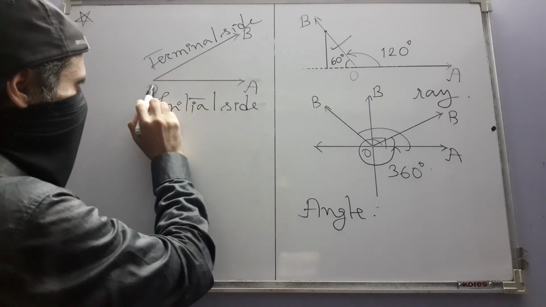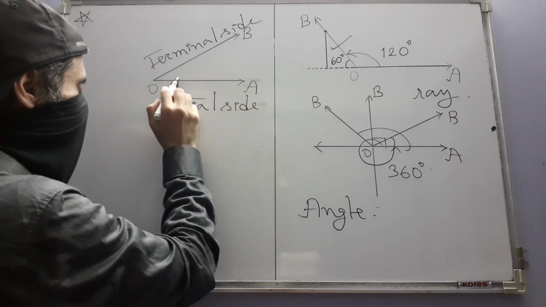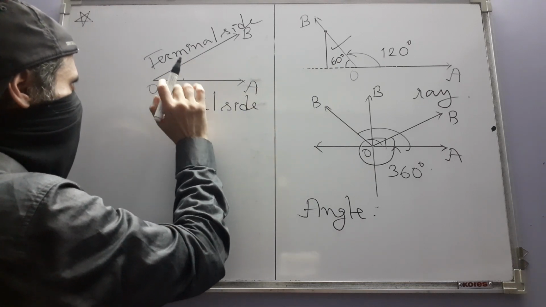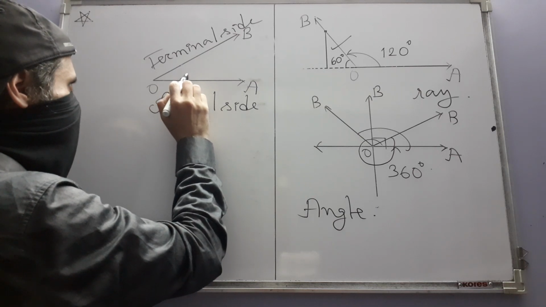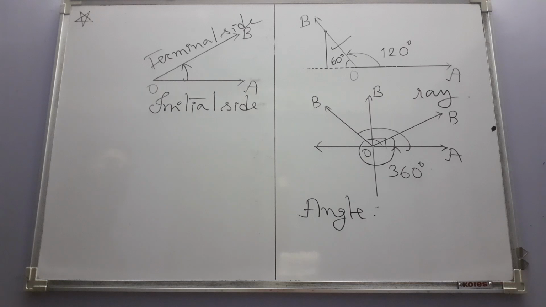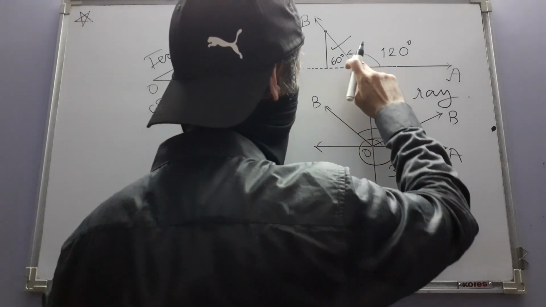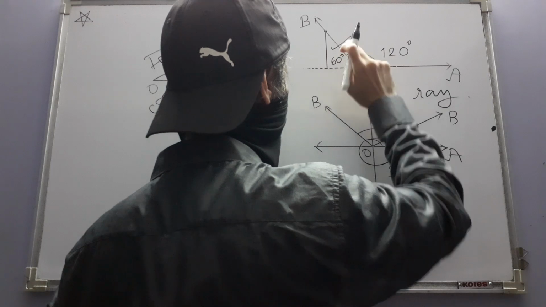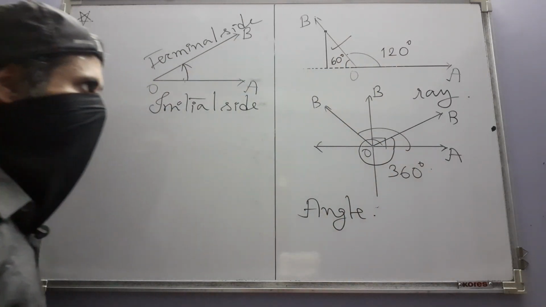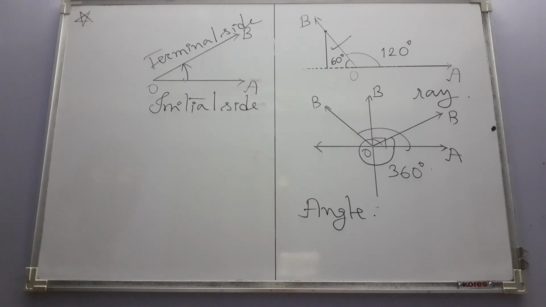Since the rotation has started from OA, there is a sense in this rotation where OB has gone from here to here. So there is an arrowhead. Actually, I should not have put arrowhead here. Out of habit, I have done that, but for a geometric angle, we do not normally put arrowheads.